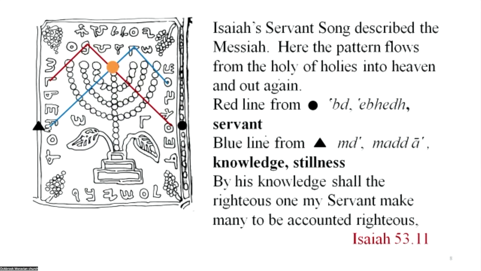He sees the view from outside the material world, which is what the Holy of Holies represents. And so the righteous one, my servant, makes many to be accounted righteous. He actually knows how to put things right. It is very, very important.